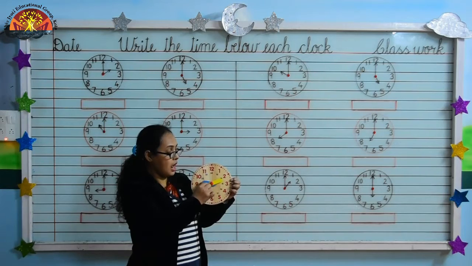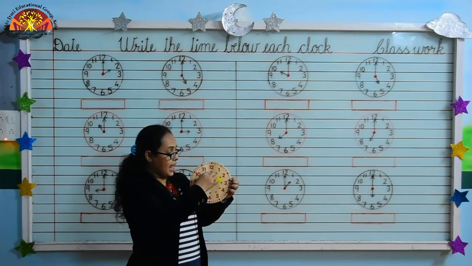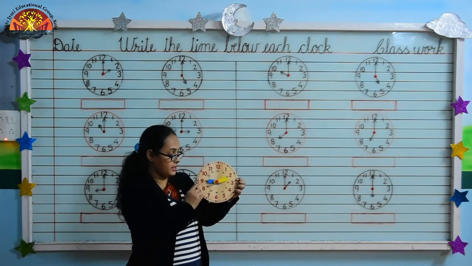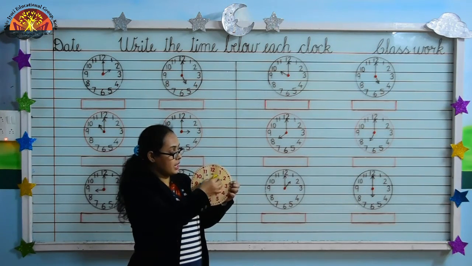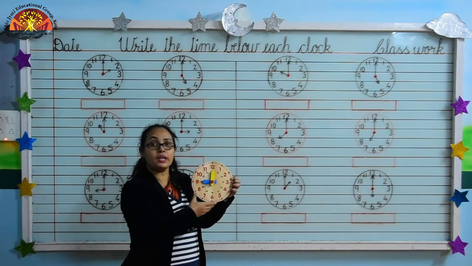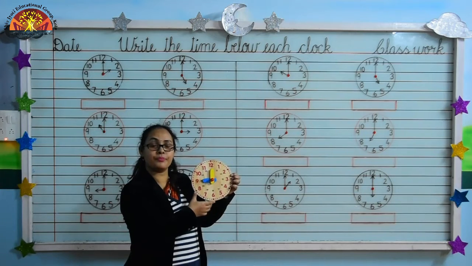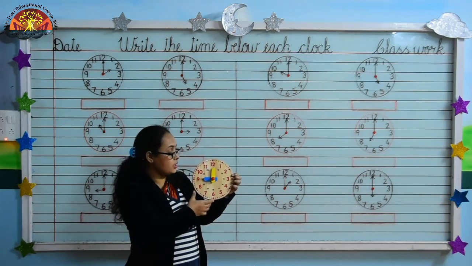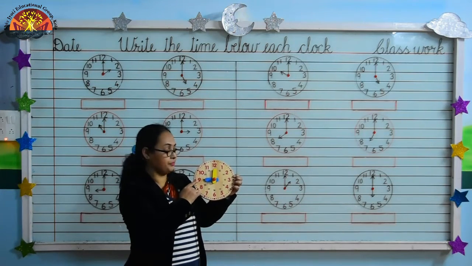It shows hours. Kids, if the short hand is at 9 and the long hand is at 12, what time is the clock showing here? Yes, the clock is showing 9 o'clock.